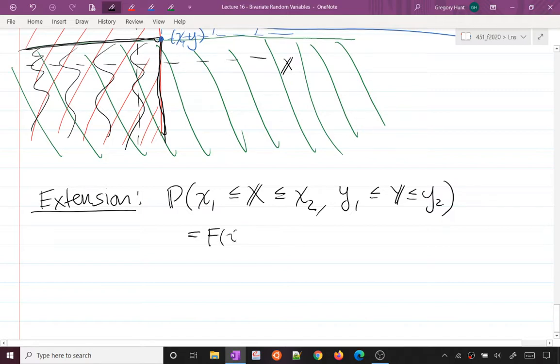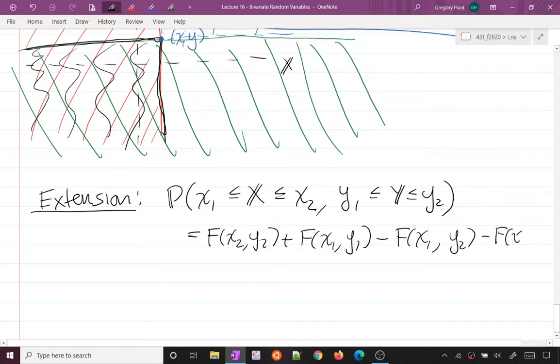In this case, it's F of x2, y2 plus F of x1, y1 minus F of x1, y2 minus F of x2, y1.